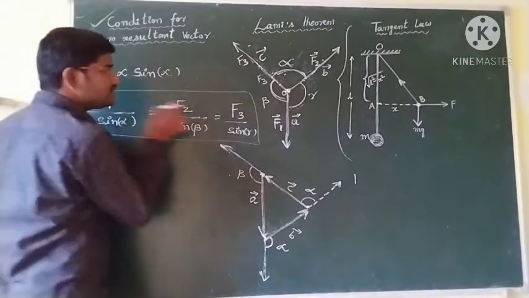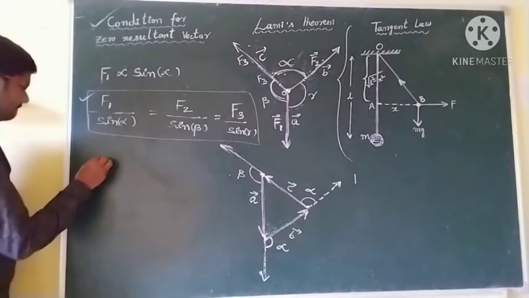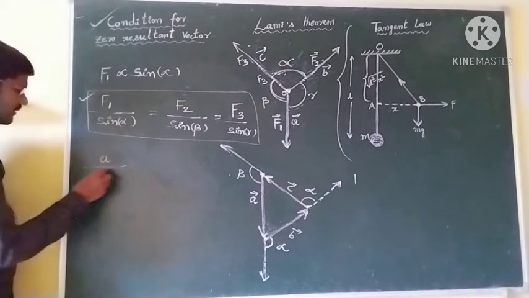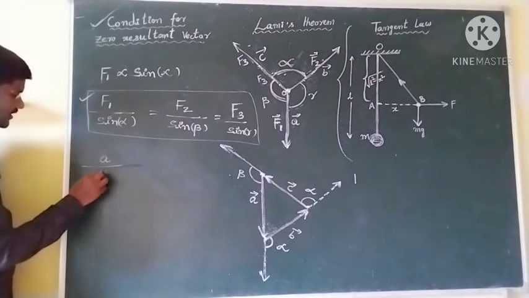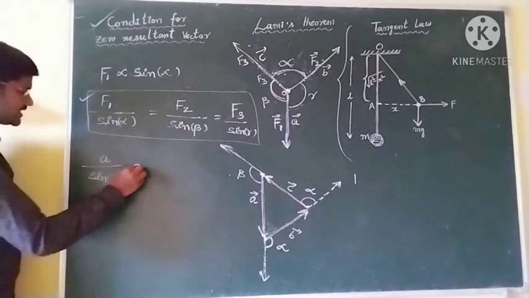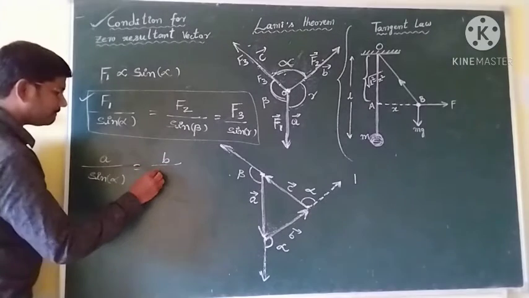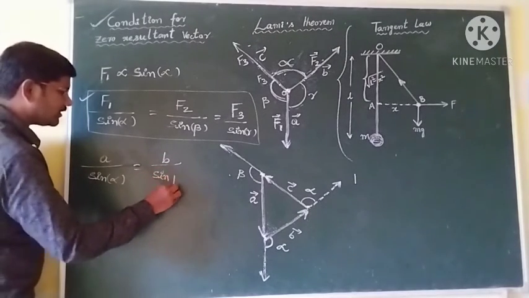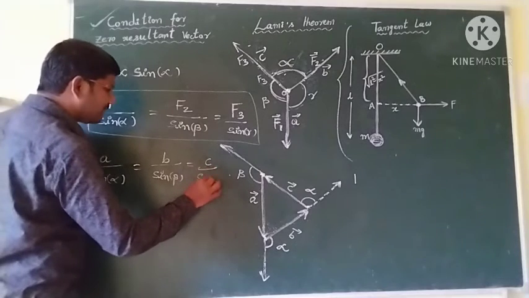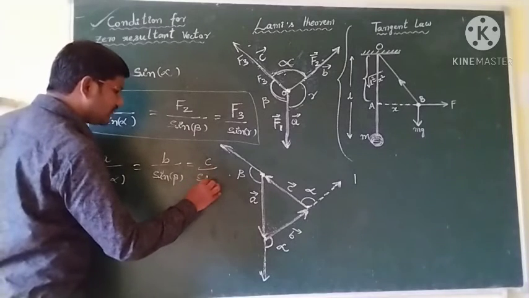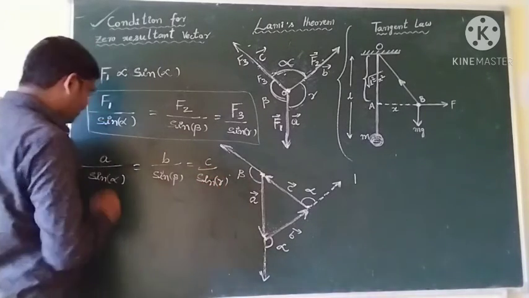Otherwise, if I consider F1 as vector A, then A by sine alpha is equal to a constant. A by sine alpha is equal to B by sine beta is equal to C by sine gamma, that is equal to a constant.